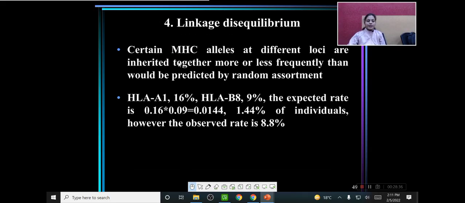Linkage disequilibrium. Certain MHC alleles at different loci are inherited together more or less frequently than would be predicted by random assortment.